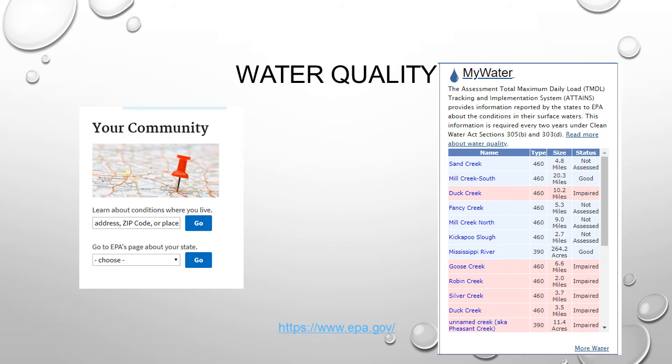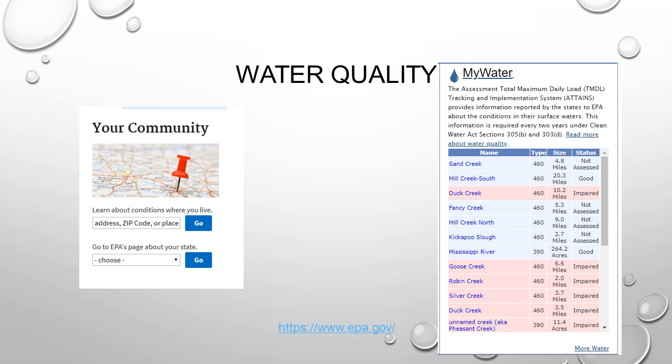The next thing is the water quality, and that's going to be found under that same tab under the EPA.gov. Again, you're going to plug in the zip code. It'll come up with a listing similar to what I've screenshotted over on the right here.